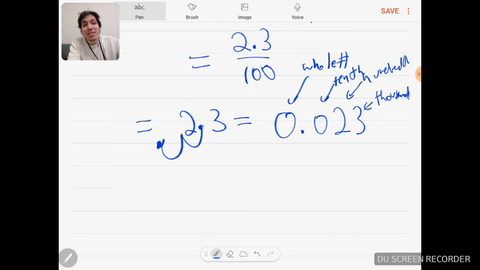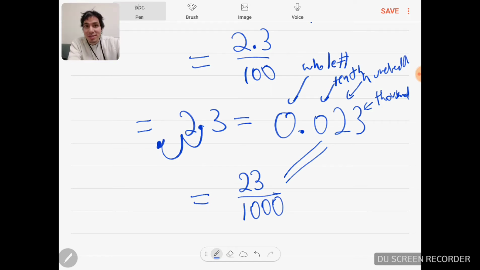Knowing that this is thousands, I can now finally write my answer as 23 over 1,000, and that would be your answer, because when you divide this, these two are equivalent. These two are the same. So think of it that way.